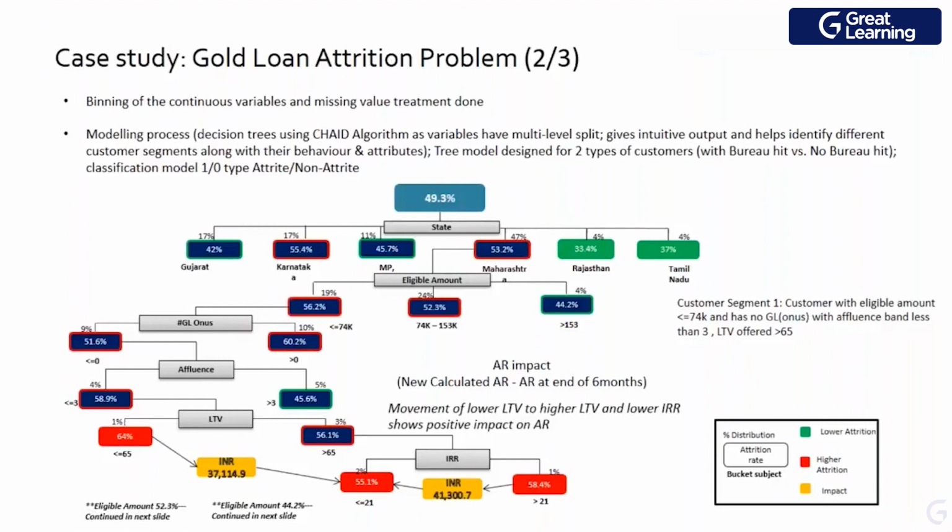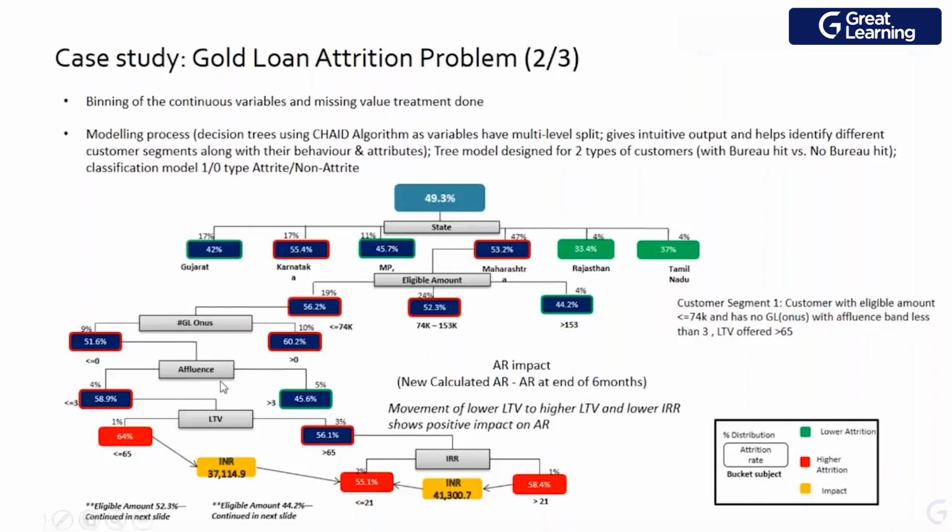Then the next splitting criterion is GL onus, whether you have a gold loan onus or not, less than 0 or greater than 0, where you don't have one and where you have at least 1. Then you break it with the affluence segment, less than or equal to 3 or greater than 3. Greater than 3 is your lowest affluence group and less than or equal to 3 is your high affluence group. And then LTV and IRR are again the two important levers.